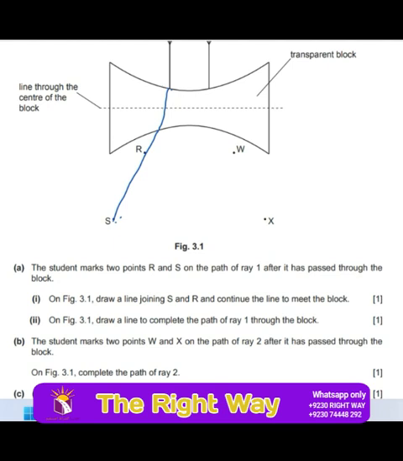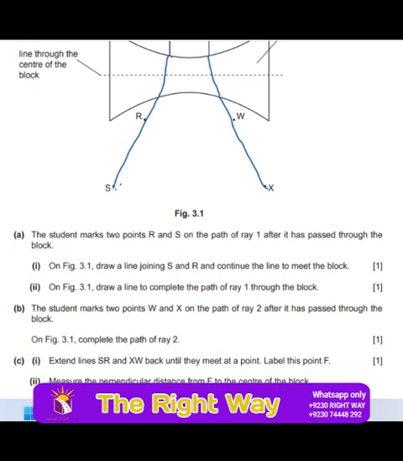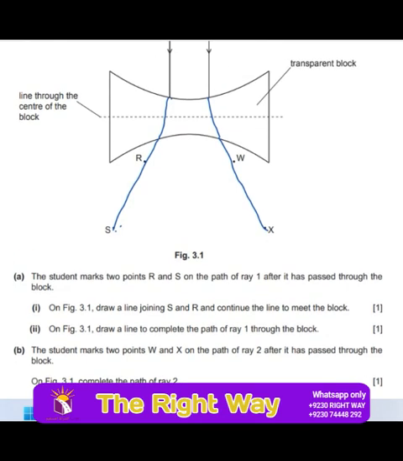So same procedure, W and X, and it will be like something this. Extend the line SR and WX back until they meet at a point. Label this point F. So when you are doing like this, it will be somewhere like over here, and this is known as the focal point.